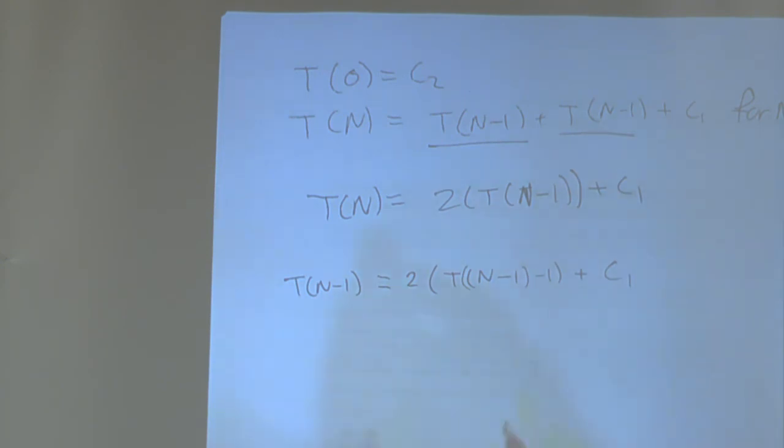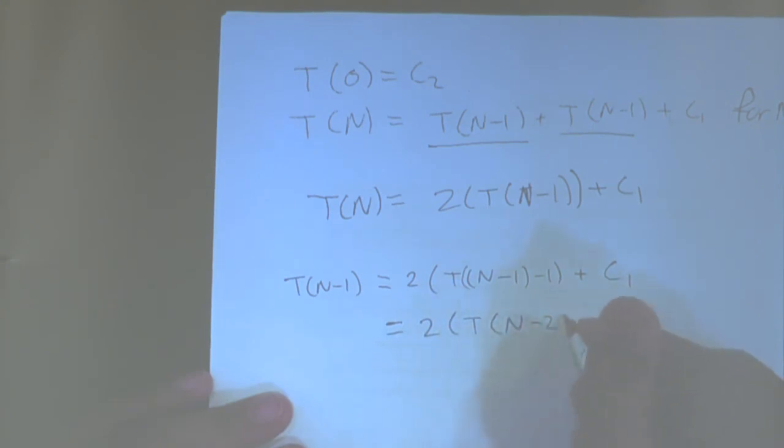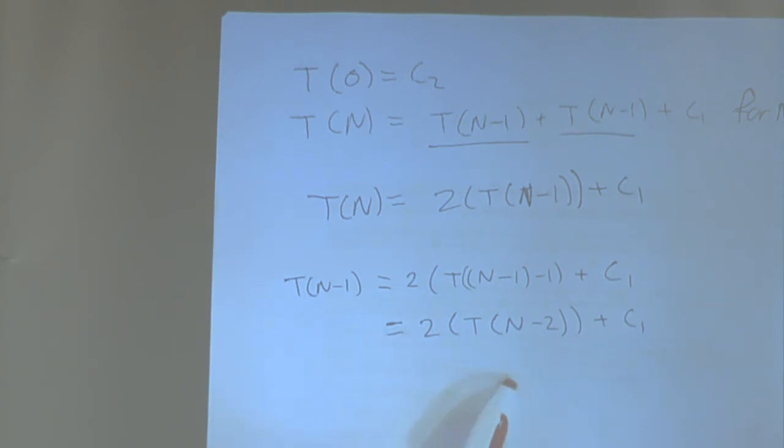So this will look like 2 times T of n minus 2 plus c1, okay? Usually we want to do around 2 to 3, maybe more iterations and see if there's a pattern for this recurrence relations problem.